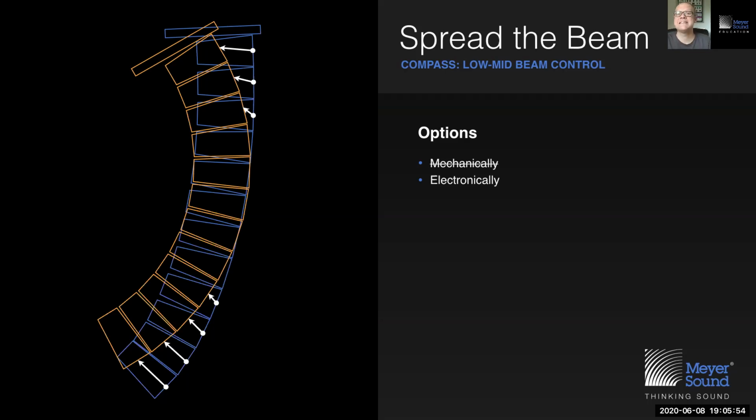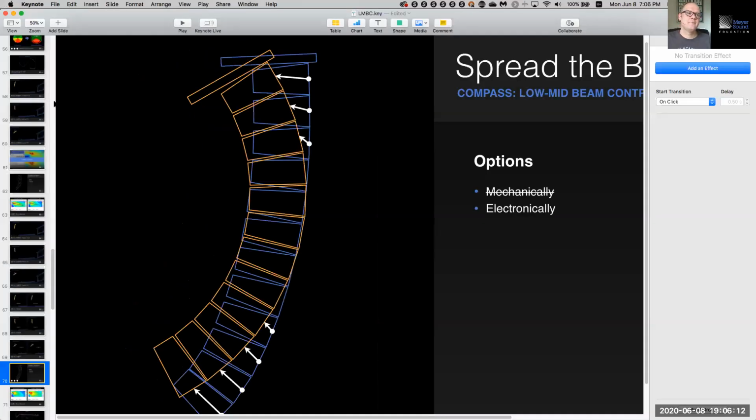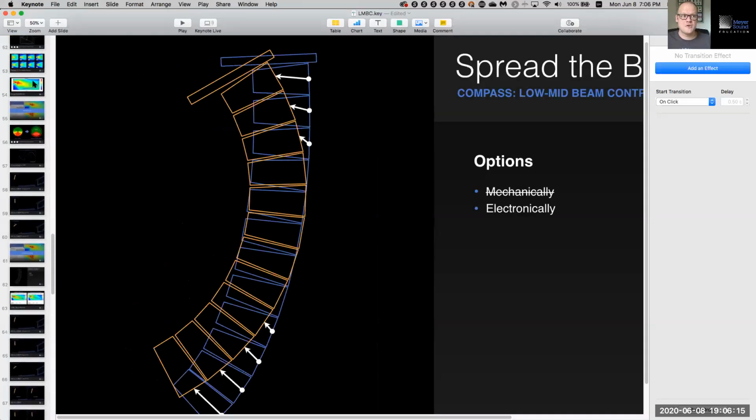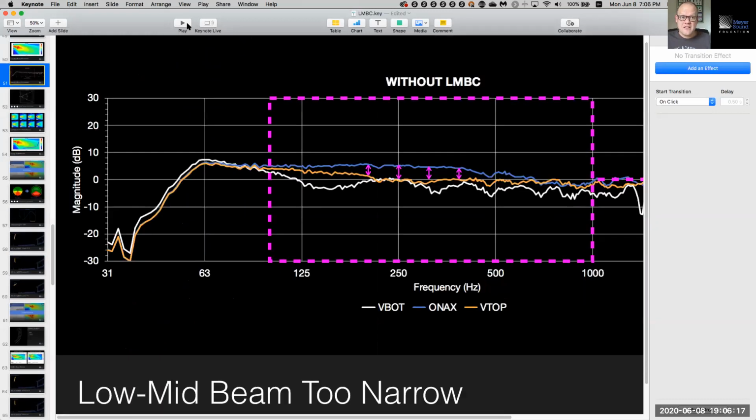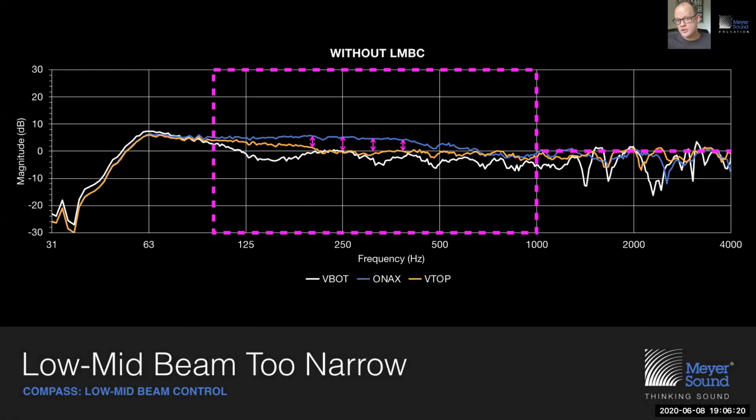So what LMBC does is that it virtually increases the curvature. It transforms the shape of the array electronically only for those frequencies where it needs to happen. And those frequencies where we want to increase the curvature, which we cannot do mechanically, by means of all pass filters, which allow us to introduce frequency dependent delay, that solution, which is a time solution to a time problem, should only take place, for today's example, between 100 hertz and 1 kilohertz, where the beam is too narrow, sending too much energy underneath the balcony.